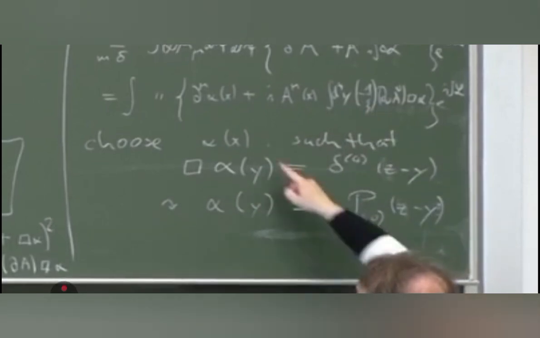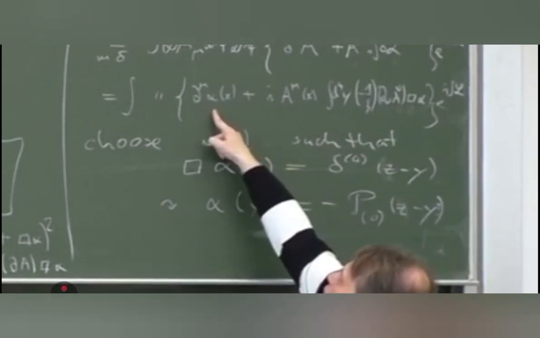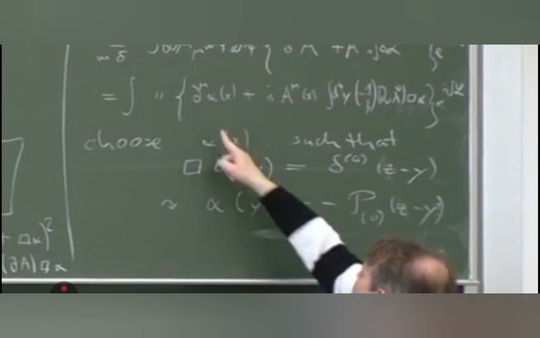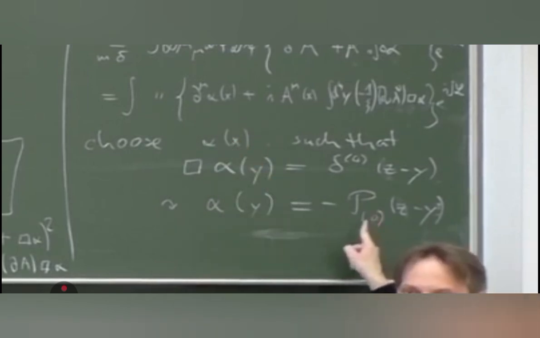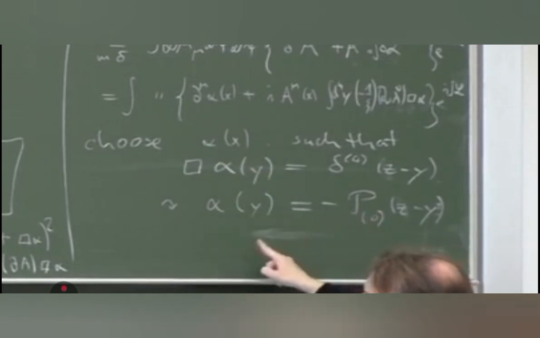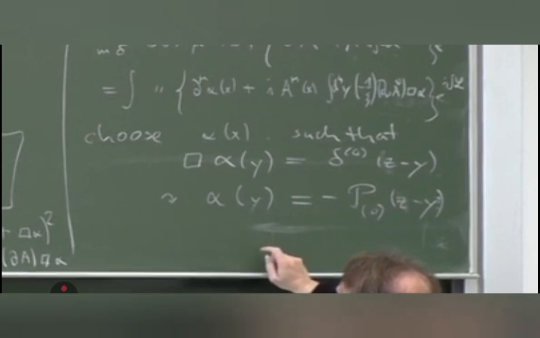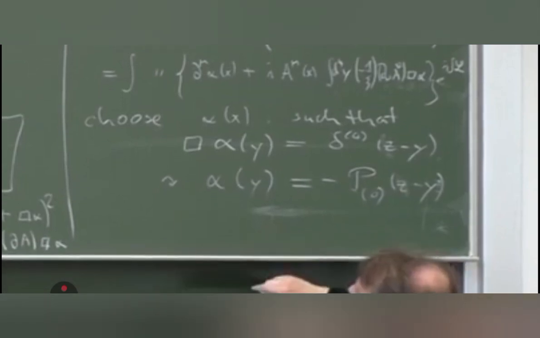Here we also have the derivative of this scalar field propagator, and then we can multiply with the inverse propagator if we want, or we don't even have to do it.